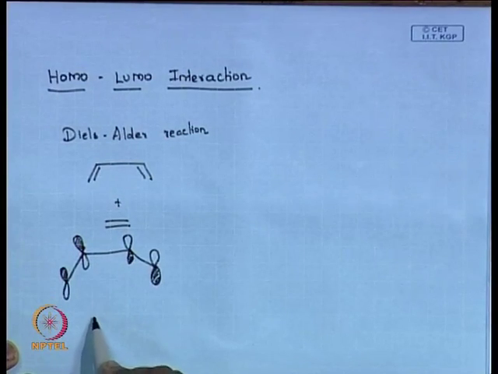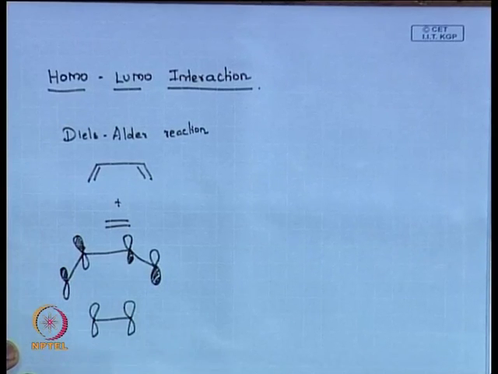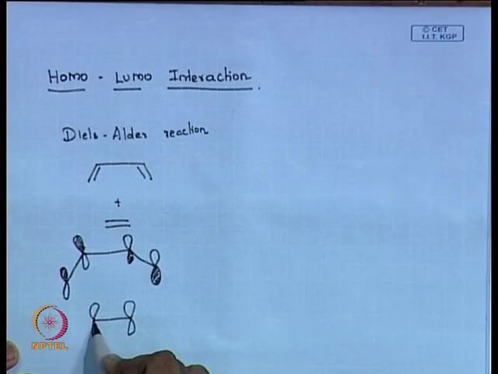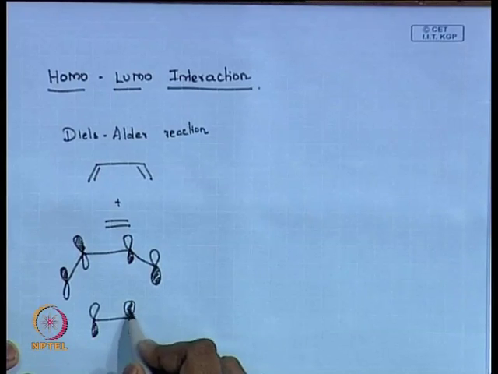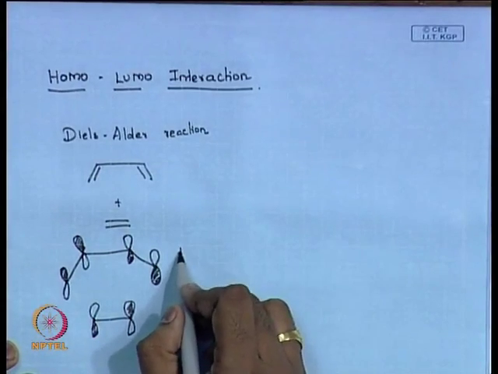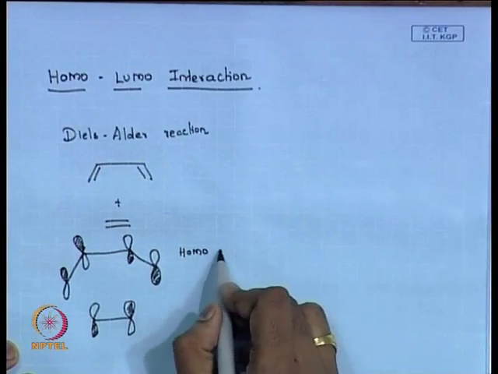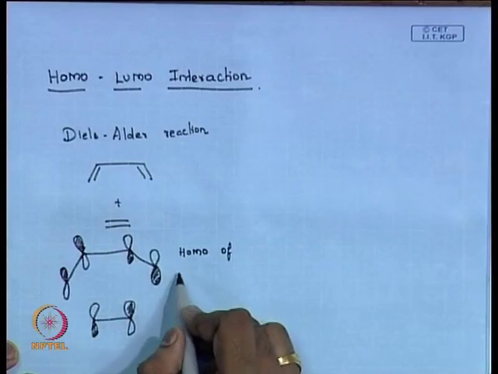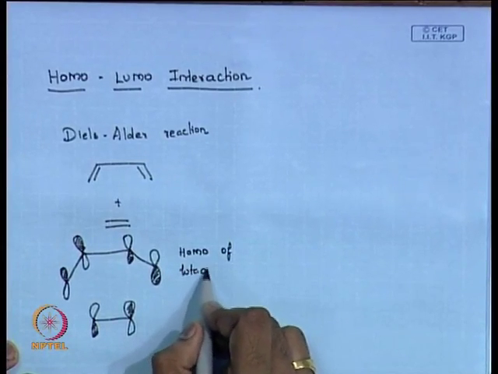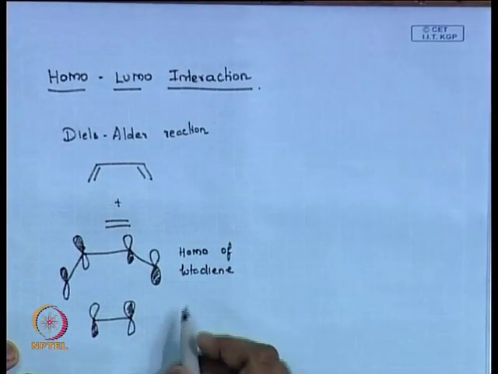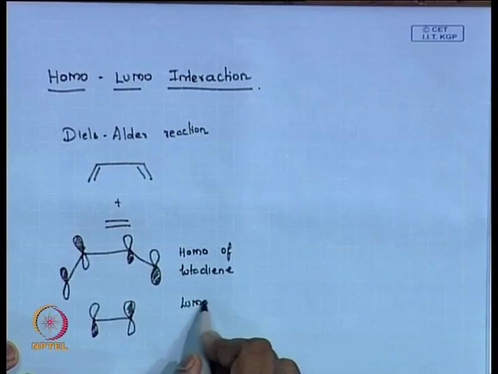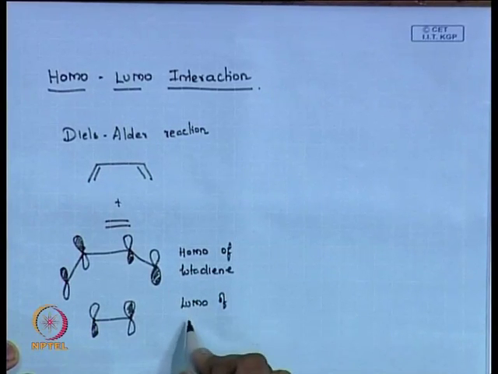Then we will draw the LUMO of your dienophile. So, this is your HOMO of butadiene, this is LUMO of your alkene, that is your dienophile.